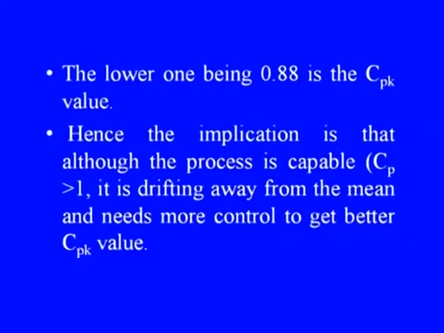Thus, the lower one being 0.88 is considered to be the Cpk. Hence, the implication is that although the process is capable, because the Cp is greater than 1, it is drifting away from the mean and needs more control to get a better Cpk value. This is the interpretation of this analysis.